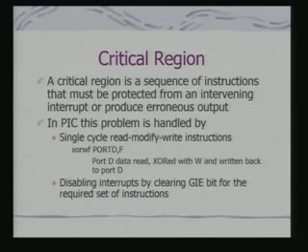One is you have got single cycle read, modify, write instructions. So in this case you read, that means you are reading it as well as checking and modifying it in one cycle. So after read there cannot be an interrupt before you really modify, that is changing the status.